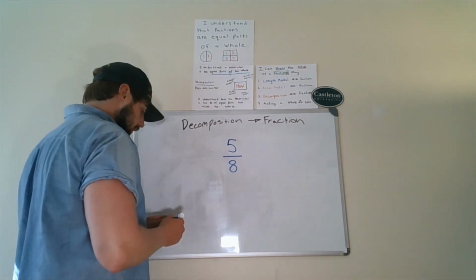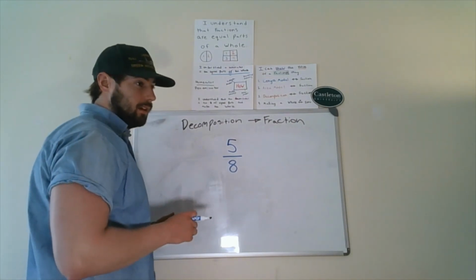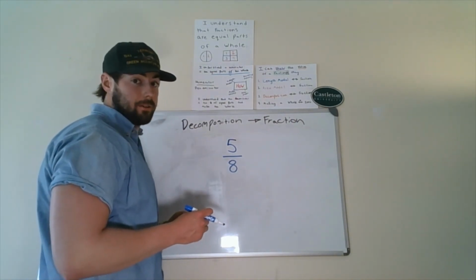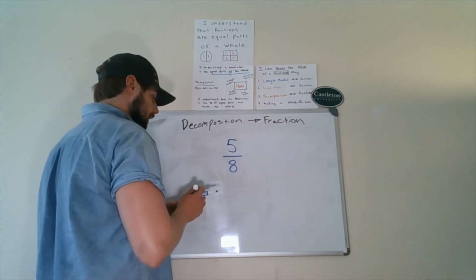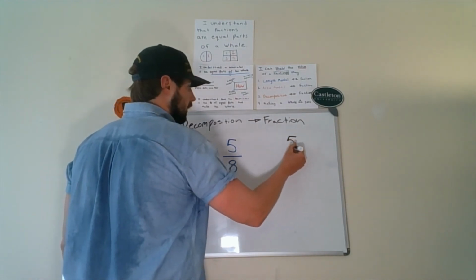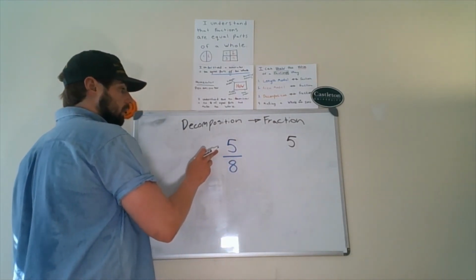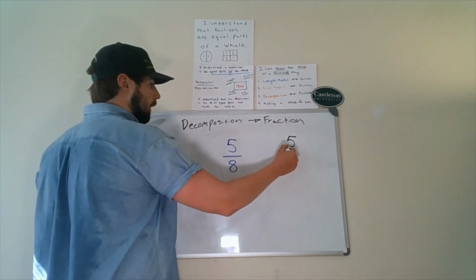Decomposing. The one thing I need to understand is that my denominators never change when I'm talking about fractions. But to help me decompose, I can first start with that numerator. What is those parts made of? What is 5 parts made of?